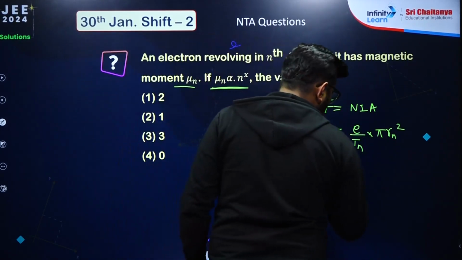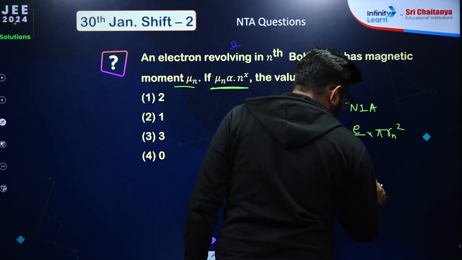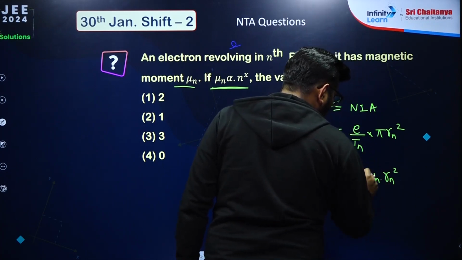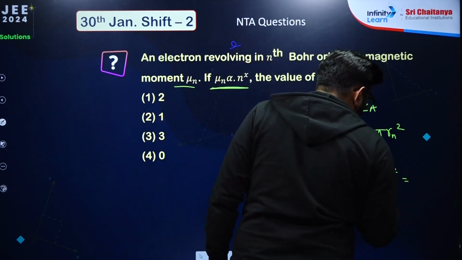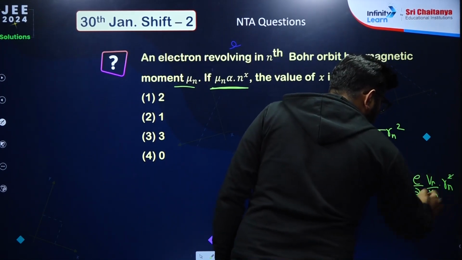Now time period of the nth orbit is simply 2 pi upon omega. So e upon 2 pi into omega n into Rn whole square, and take the pi over here. Pi will get cancelled. Omega n is simply equal to Vn upon Rn. So e upon 2 into Vn upon Rn into Rn square. One Rn will cancel.